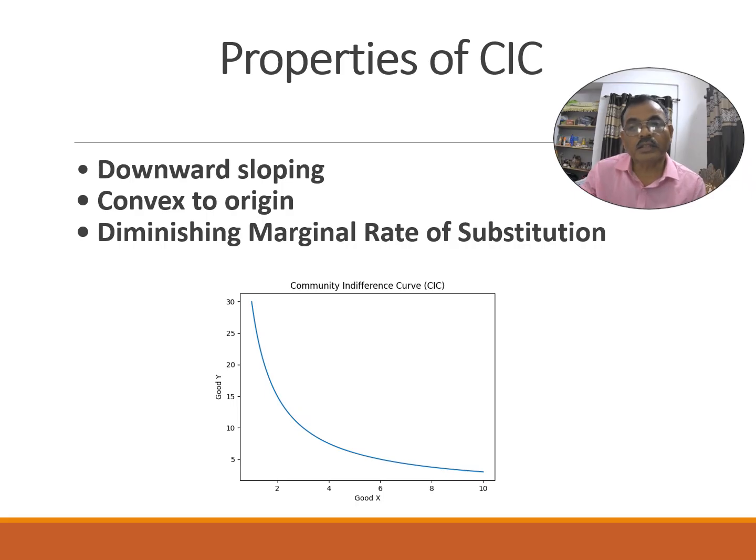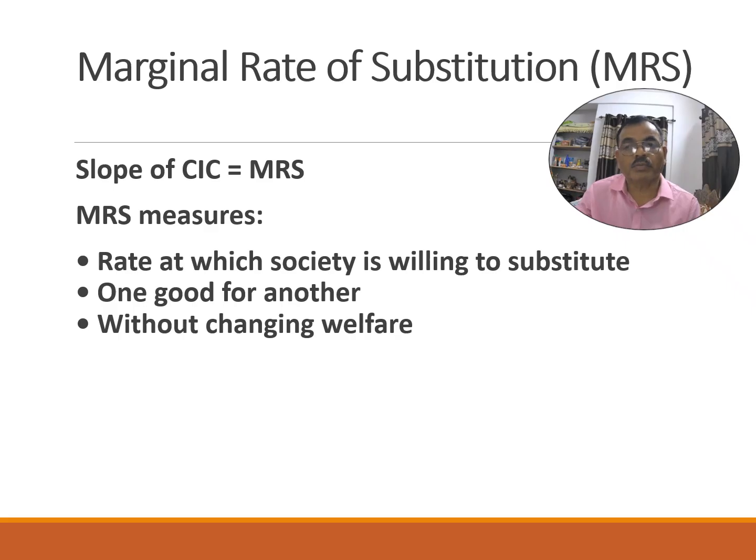Now, to understand the slope of the community indifference curve, we introduce another important concept, that is marginal rate of substitution, MRS. The slope of the community indifference curve is called marginal rate of substitution, or MRS. MRS measures the rate at which society is willing to substitute one good for another without changing its level of welfare.